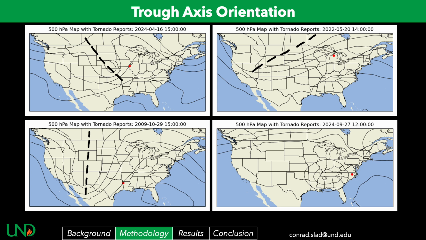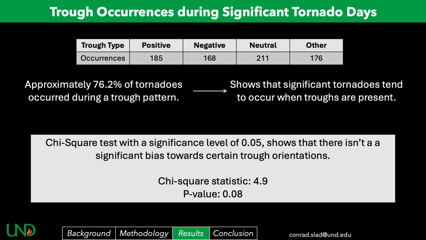Now, getting to the more statistical side of things, here is the data that I was able to pull after sorting through all 740 of the days with significant tornadoes. You can see we had 185 days that produced a significant tornado during a positively tilted trough, and 168 days of significant tornadoes during a negatively tilted trough.